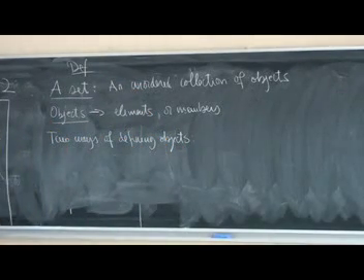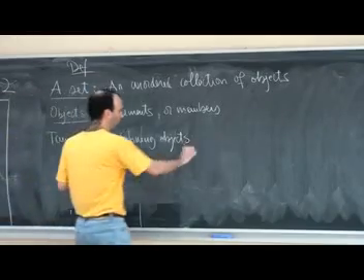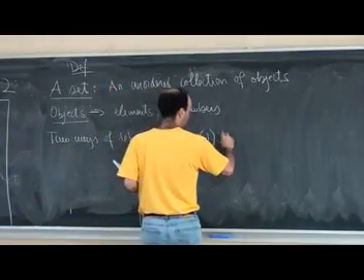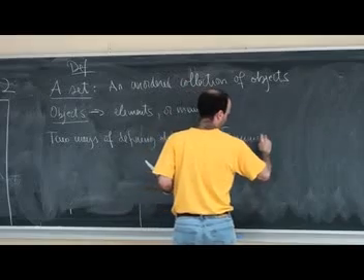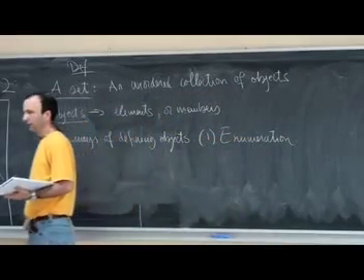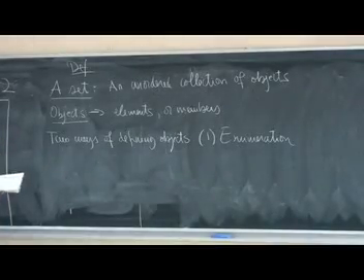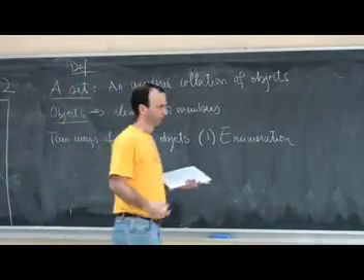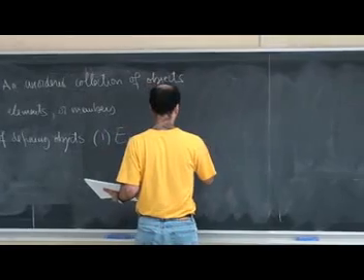There are two ways of defining sets. The first one is called enumeration. And, well, it just consists of enumerating the elements.